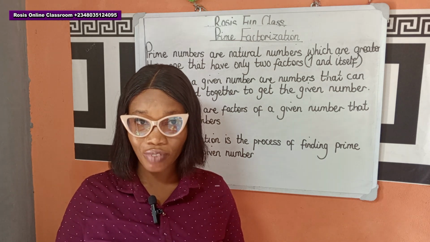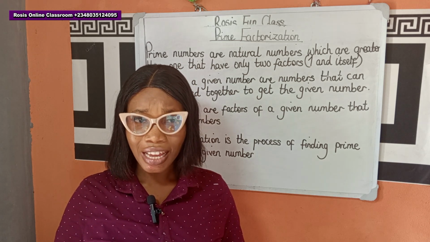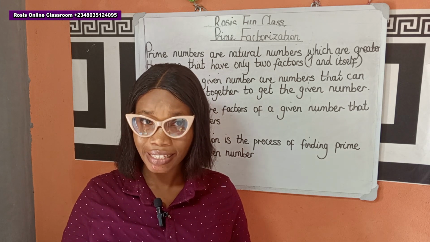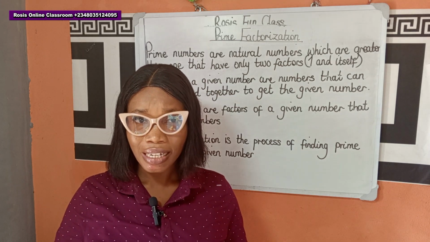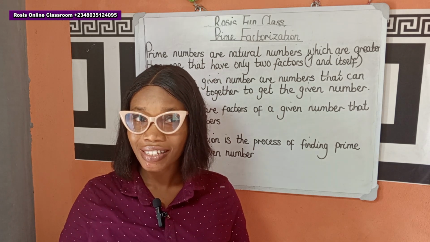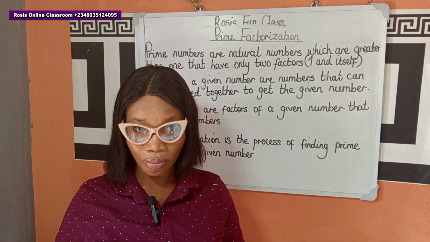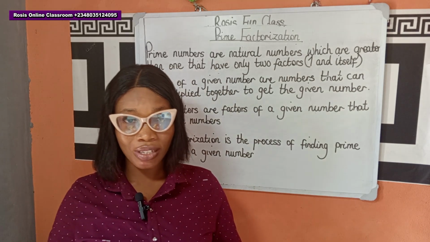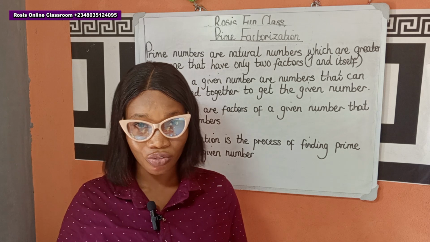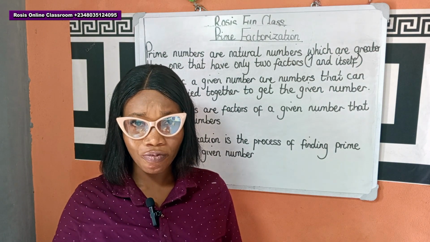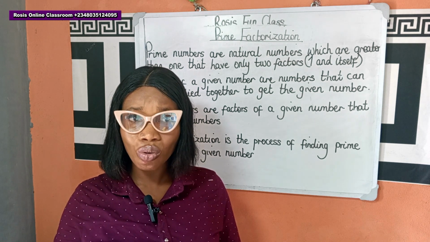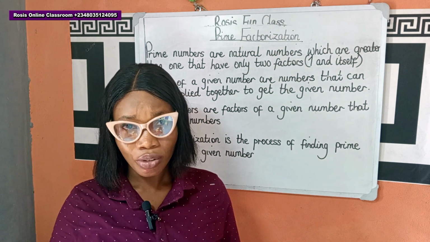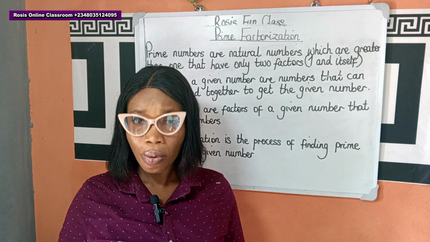So, what are the prime factors of 10? The prime factors of 10 are those factors of 10 that are prime numbers in 1, 2, 5, and 10. 1 is neither a composite number nor a prime number, so 1 is not a prime factor. 2 is a prime factor because it has only two factors, 1 and itself. 5 is also a prime factor because it has only two factors, 1 and itself. 10 is a composite number because it has more than two factors.